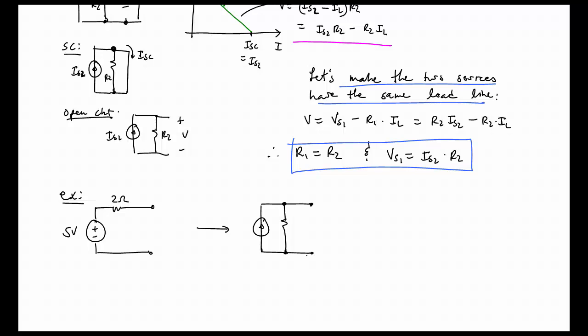How do we do it? Well, the first thing we do is we say this resistor must be 2 ohms because here we have R1 is equal to R2. Then secondly, I'm going to solve here for IS2 as a function of VS1. Because we're given a voltage source, we need to find a current source. So this current source is going to be nothing more than the voltage divided by the resistance R2, which is the same as R1. So this is nothing more than 5 volts over 2 ohms, or 2.5 amps.